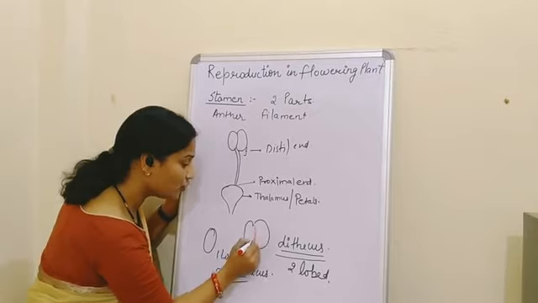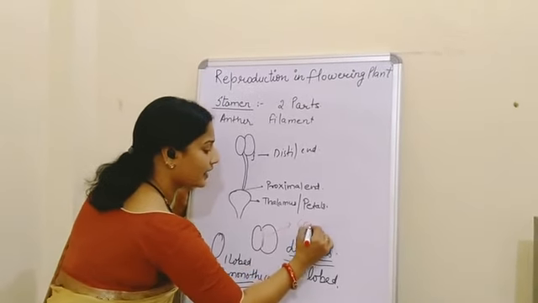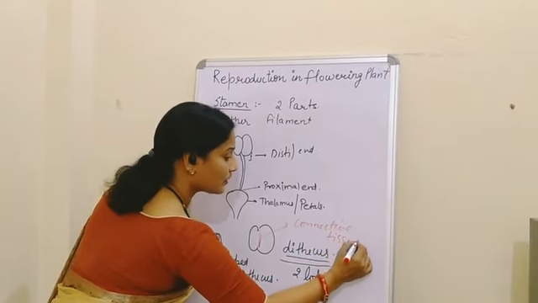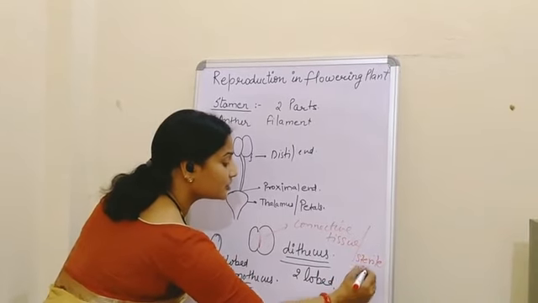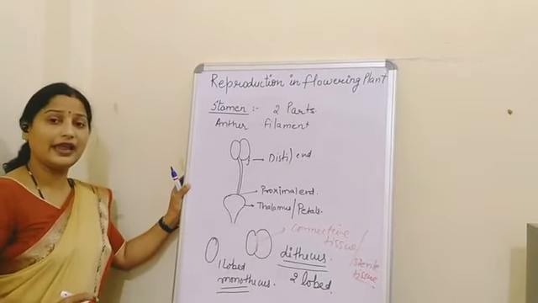Now, suppose the 2 lobes are linked with this. This is called connective tissue, or it is also called sterile tissue. Clear? So, this is about the anther.